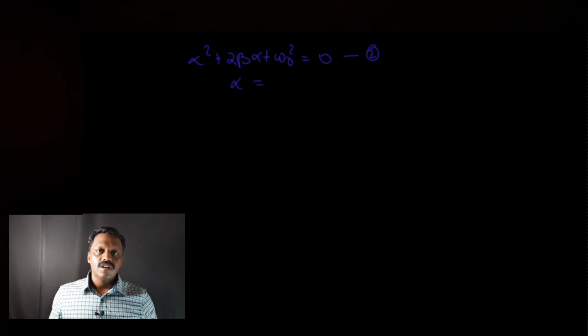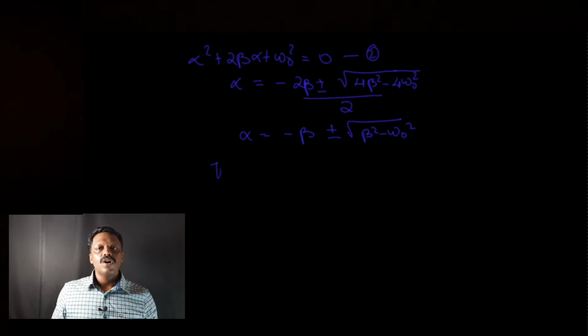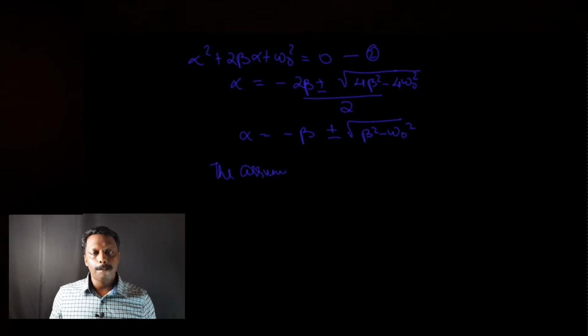So considering alpha square plus 2 beta alpha plus omega naught square equal to 0 as the second equation, we can write the root as minus 2 beta plus or minus root of 4 beta square, as 2 beta is the b term, minus 4 omega naught square, divided by 2, the a equivalent term being 1, comparing with ax square plus bx plus c is equal to 0. So alpha is minus beta plus or minus root of beta square minus omega naught square.